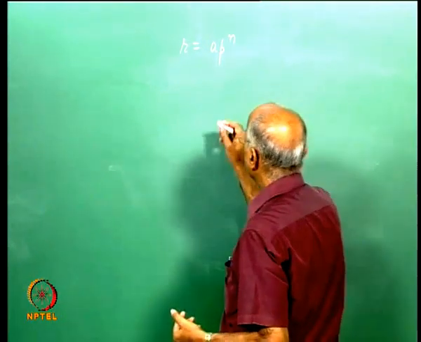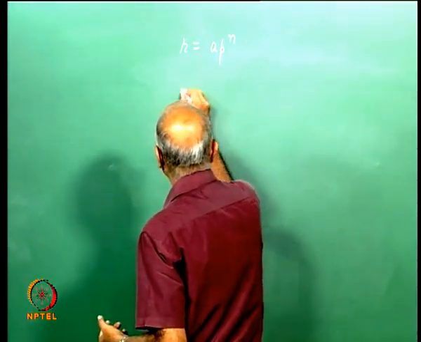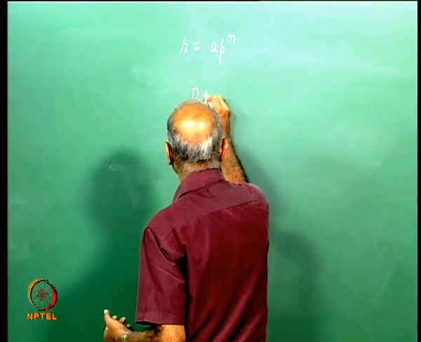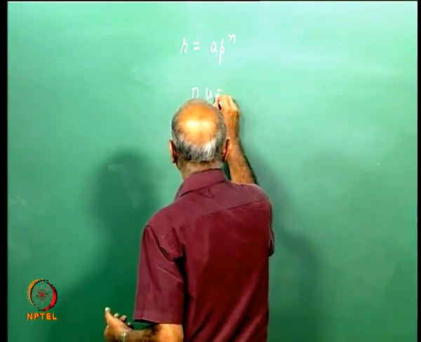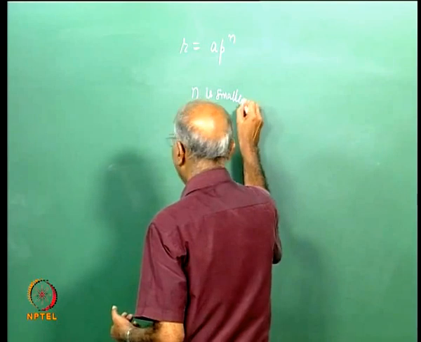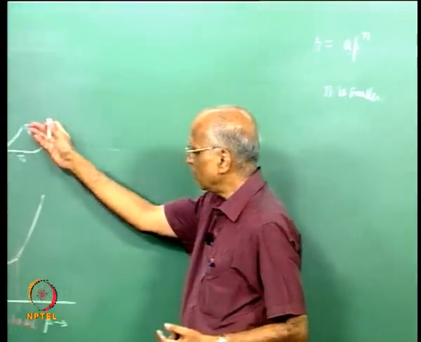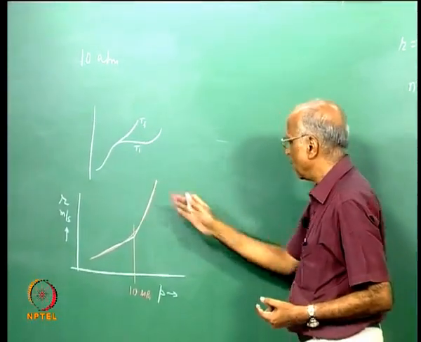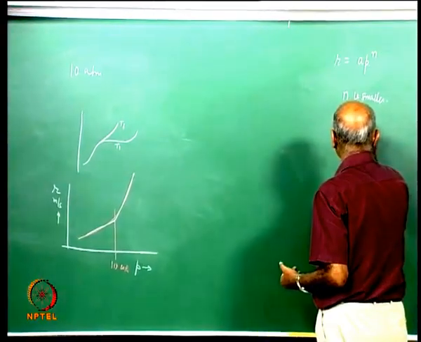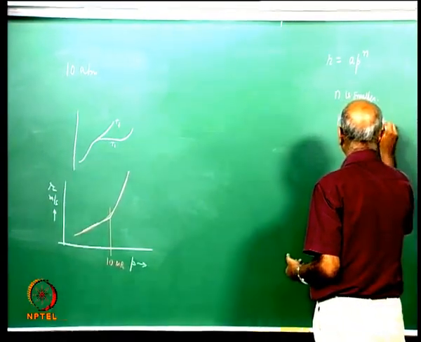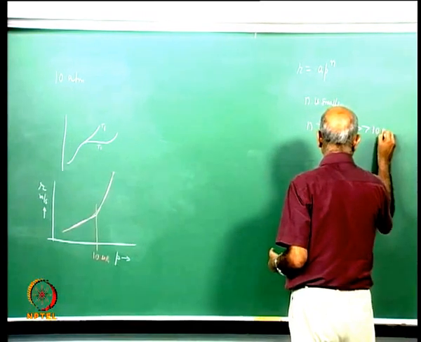Then we tell ourselves, at low pressures the value of n is smaller, and at high pressures, when you have higher temperature driving the heat conduction, the value of n becomes greater. n is larger when P is very much greater than 10 MPa.